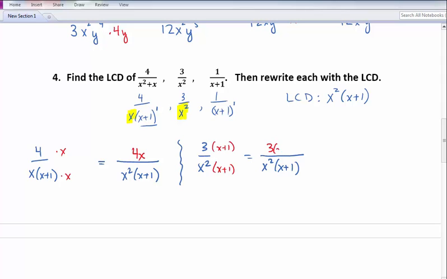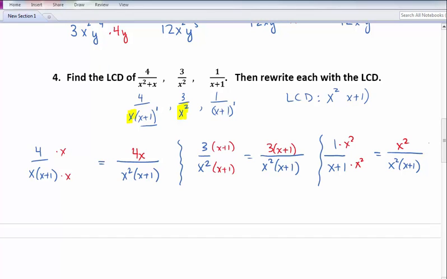So this would be 3 times the quantity x plus 1. And for the last one, I have 1 over x plus 1. If I want to rewrite that with x squared times x plus 1 in the denominator, then what's missing there, let's see, x plus 1, I want an x squared, so I need to put in a multiplier of x squared here.